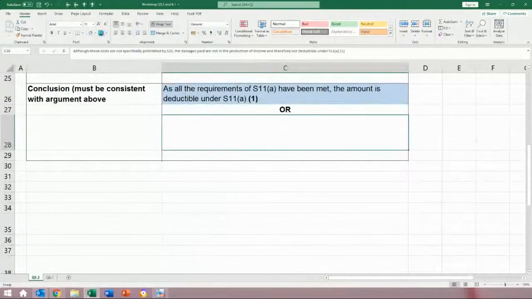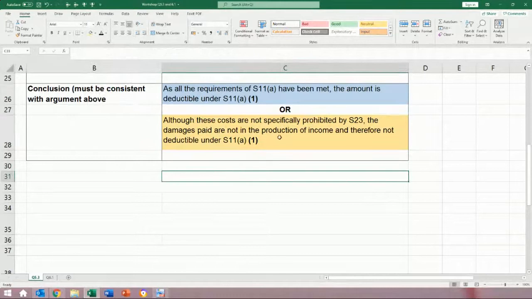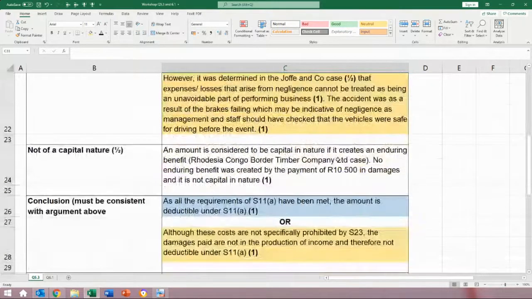For that reason, it is prohibited in terms of section 23, because it was not actually part of the production of income. So in this scenario, we would have marked both, depending on how you would have argued it.